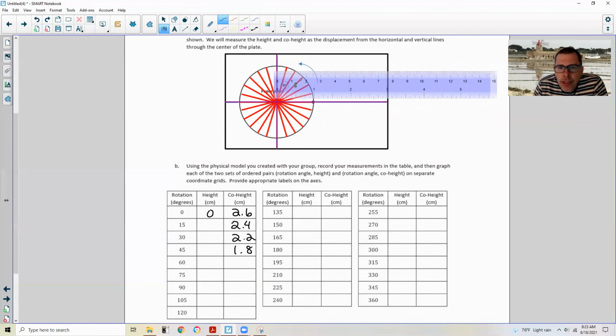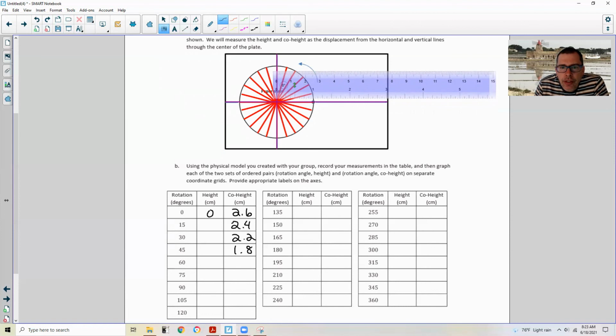Was that 1.8? No, it's 1.5. Let me measure this one again. Seems like too much. Oh, that's 1.8. My values might be off a little bit when I drew these.